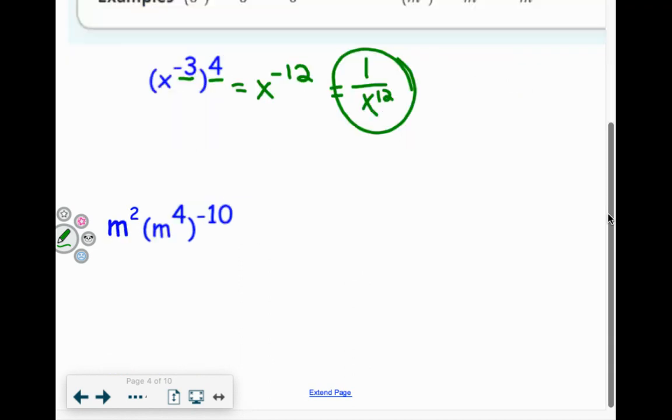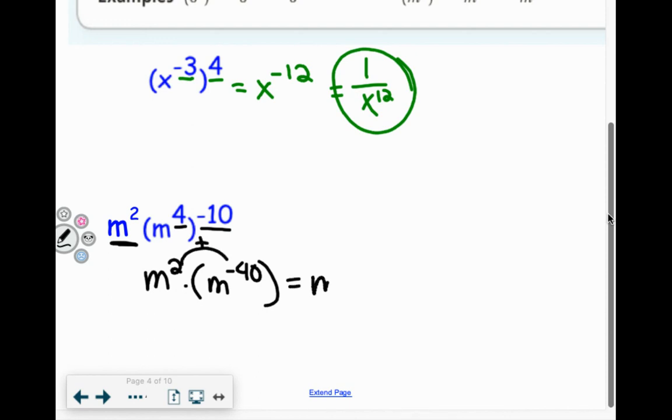So we got one more example down here. We have a power to a power, so let's focus on that first. Now we have 4 times negative 10, so that gives us negative 40. When we multiply values together, we add our exponents, so these two will be added together.